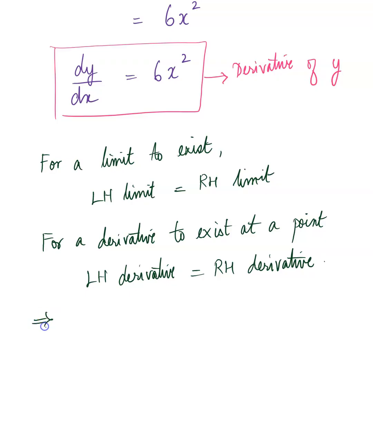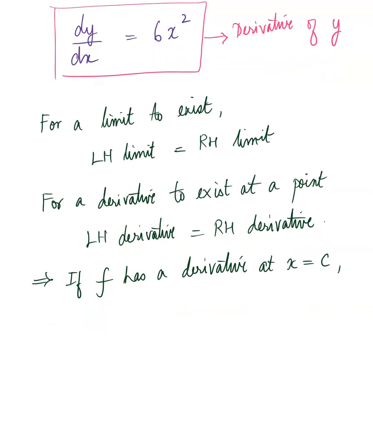What this implies is if f has a derivative at a point x equals c, that means the left-hand derivative and the right-hand derivative are the same. The only conclusion you can draw is that f is continuous at x equals c, isn't it? Because you found the derivative from both directions, and you know that it implies that f is continuous.